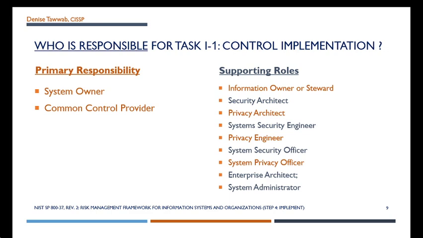Again, who does what depends on how your organization is set up. In a large organization, the work might be spread out. In a very, very small company, it can just be a few people doing it. So the roles and the names of those roles might change, but again, for all steps in the risk management framework, the tasks themselves have to be done.